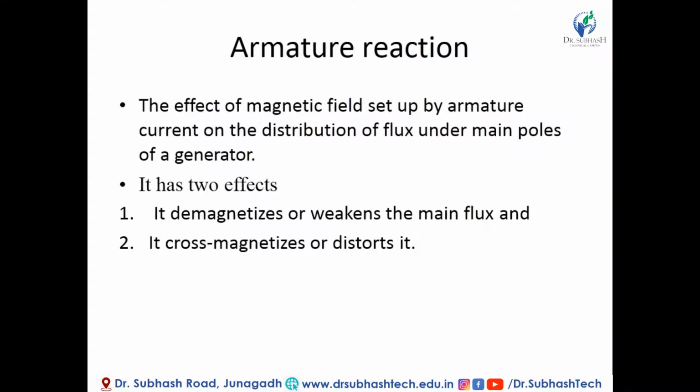Armature reaction. First one is armature reaction. When the armature winding of the DC machine carries current, the armature winding produces its own MMF, which is known as armature reaction. Here we note that in the DC generator the armature current flows due to induction, whereas in the DC motor it flows due to conduction.